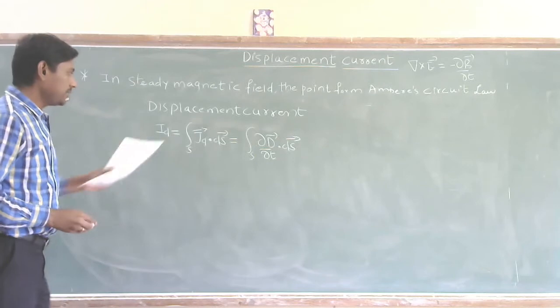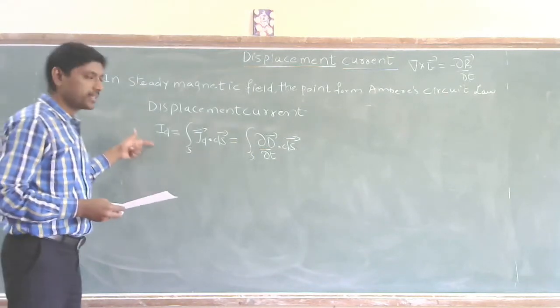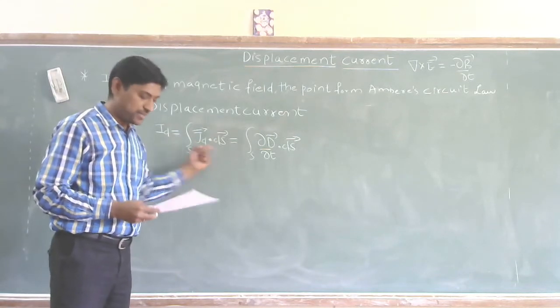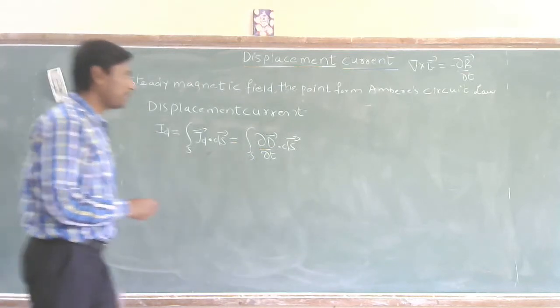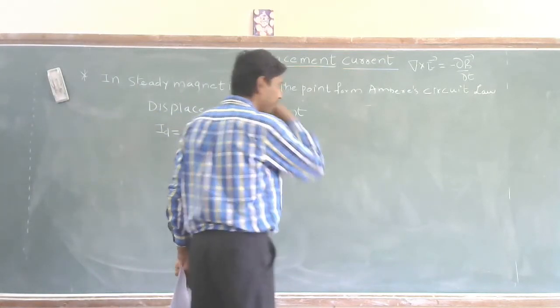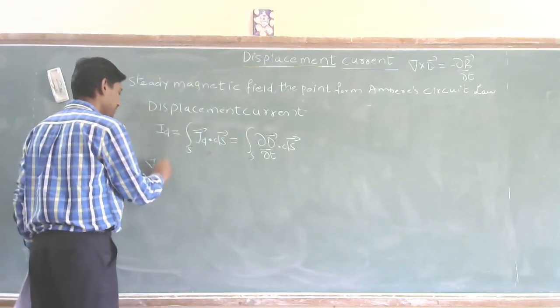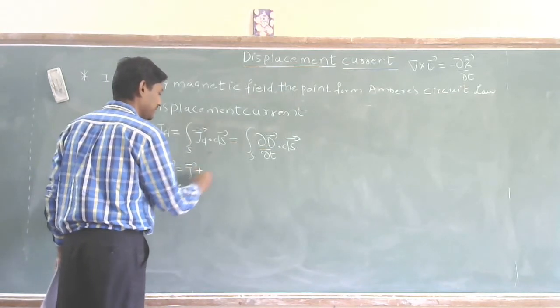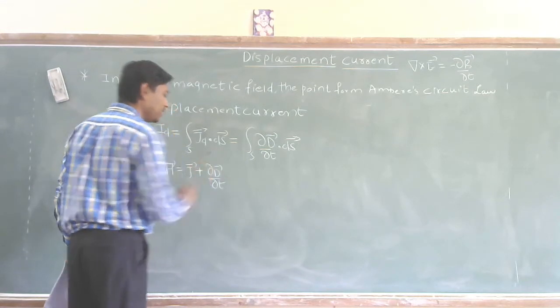That is the displacement current, the surface integral of displacement current density. So we got the point form of Ampere circuit law, that is, as we just now derived, del cross H equal to J plus JD, where JD is ∂D/∂t.